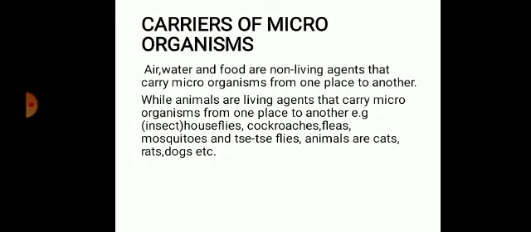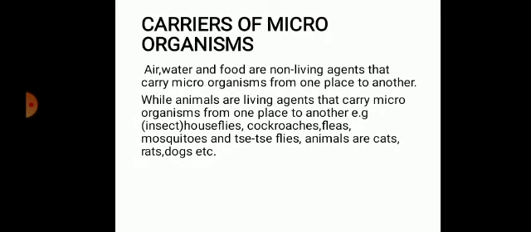Examples of the animals: let us start with the insects like houseflies, cockroaches, fleas, mosquitoes. Then animals like the cats, the dogs, etc. Now, all these carriers of microorganisms are commonly called vectors. They all are called vectors.